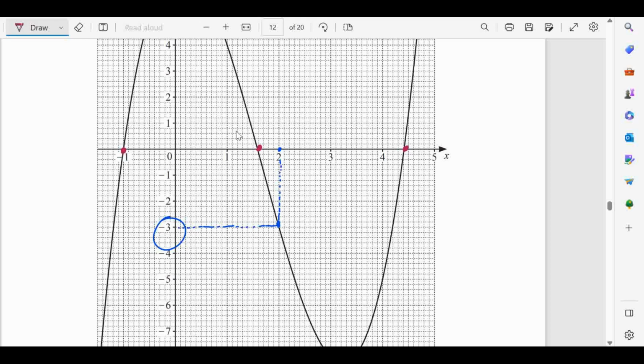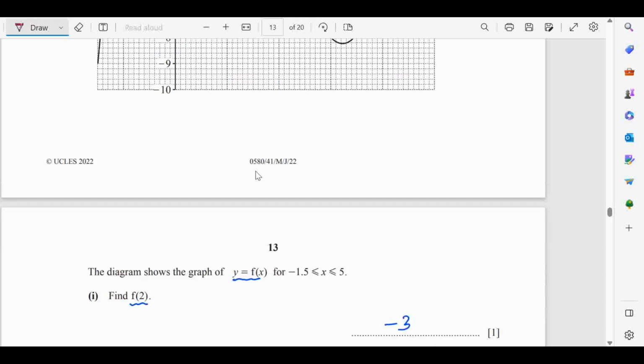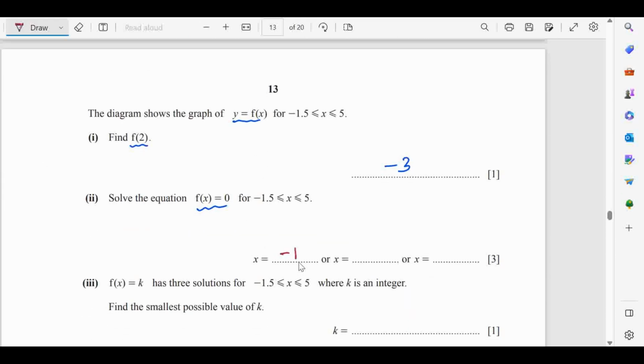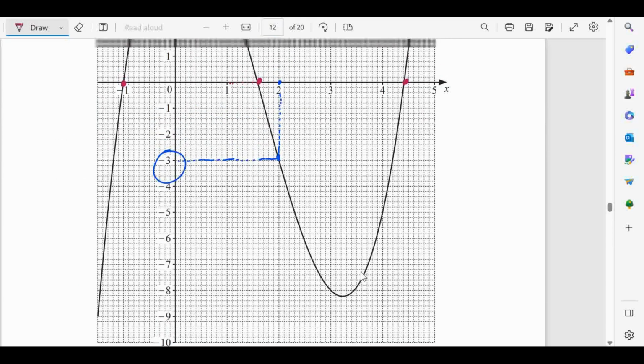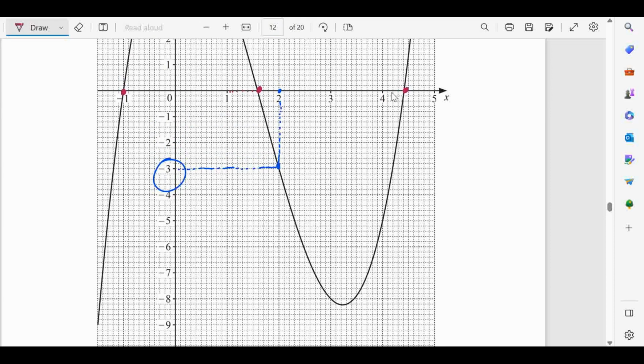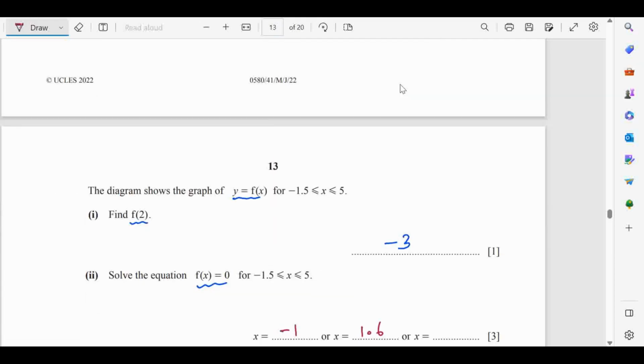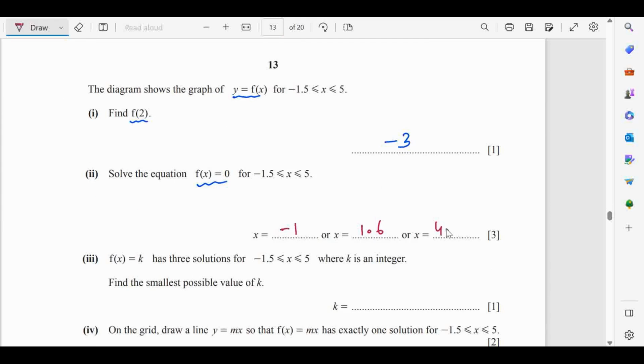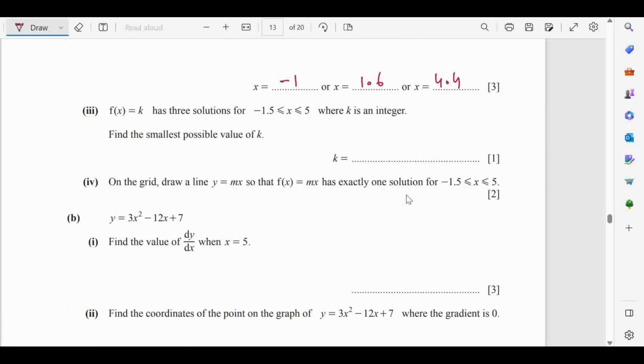The first value is -1, the other value is 1.6, and then the next one will be 4.4. 4.4 will be the solution. No need to do any working. Let's move to the third part, C part.